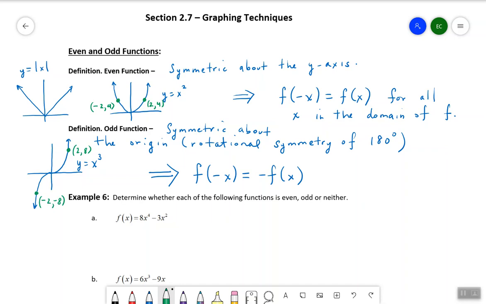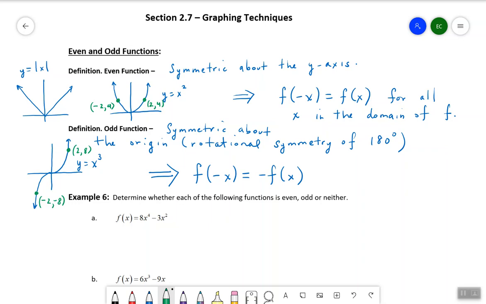So this rule says if you change the sign on the x value, say from 2 to negative 2, then all you're going to do is change the sign on the corresponding output, in this case from 8 to negative 8. Again, this is for all x in the domain of the function.